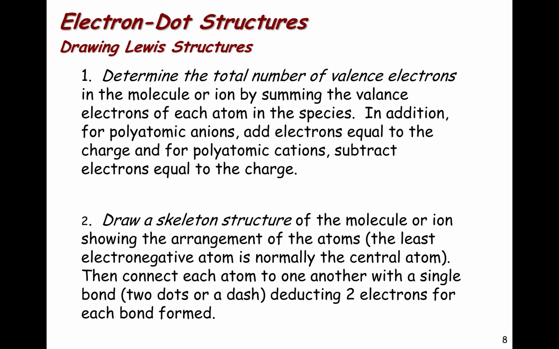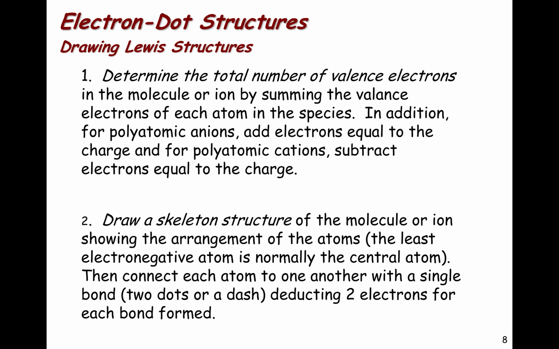All right, the next step involves drawing a skeleton structure. In this particular case, we would then connect the atoms to one another using a line. Each line that is used to connect the atoms together represents a pair of electrons, a bonding pair of electrons.